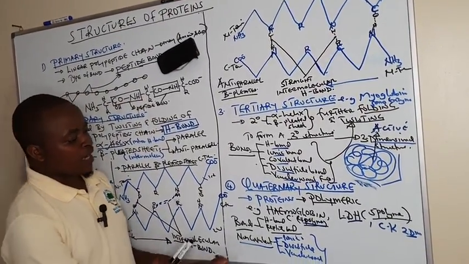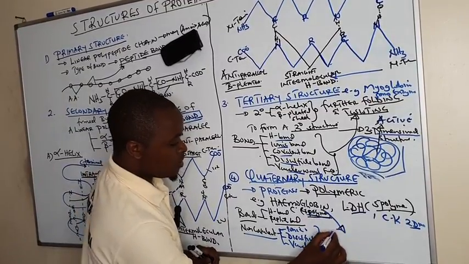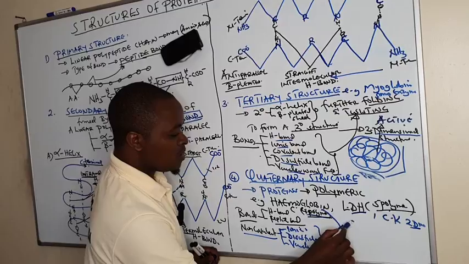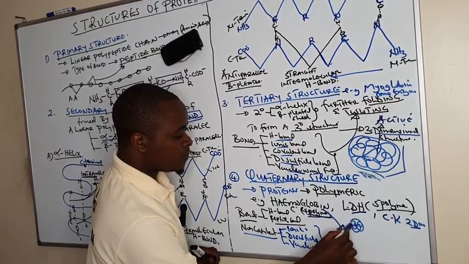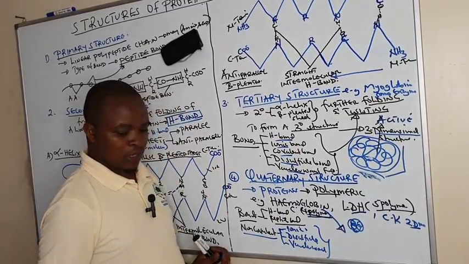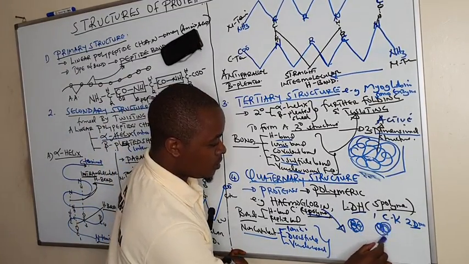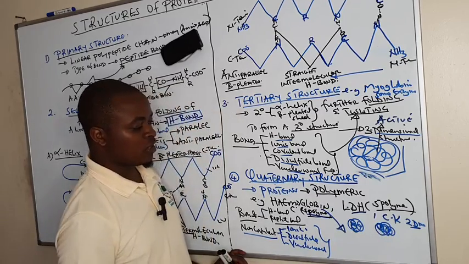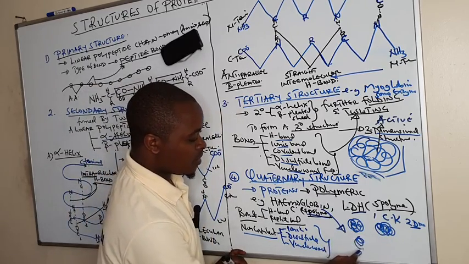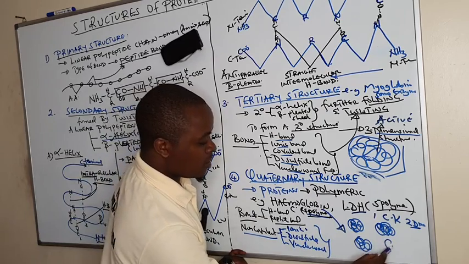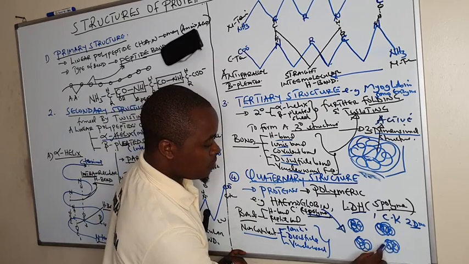As an example, I can draw hemoglobin, whereby hemoglobin can have 1 polymer, then a second polymer made up of a single polypeptide chain, then a third and a fourth polymer.